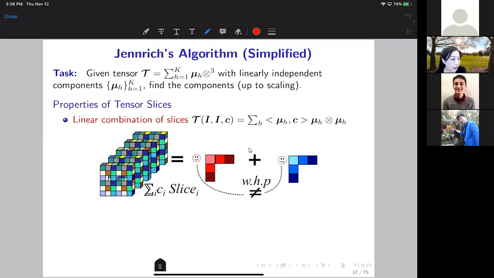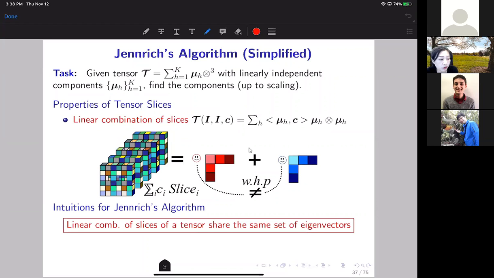So the linear combination of the slices is the following, and we learned last time that with high probability, the coefficients will not be equal after your linear combination. So actually, this is the intuition for Jennrich's algorithm.